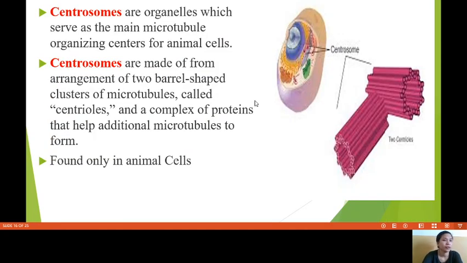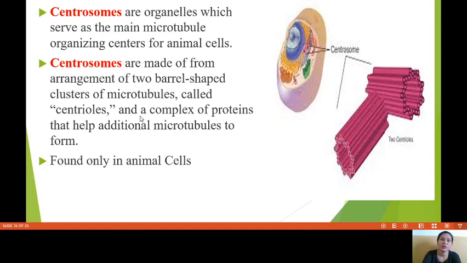Centrosomes are organelles which serve as the main microtubule organizing centers for animal cells. It's like a pathway. Centrosomes are made from an arrangement of two barrel-shaped clusters of microtubules called centrioles, in a complex of proteins that help additional microtubules to form, found only in animal cells.